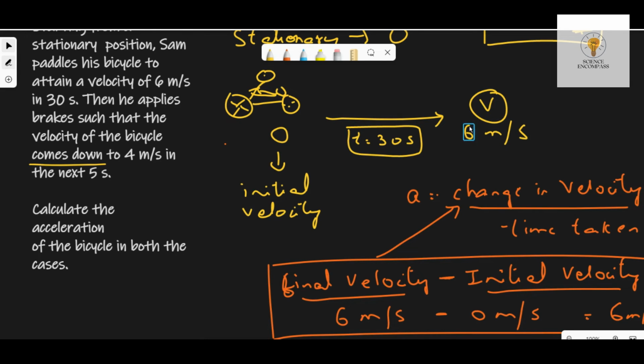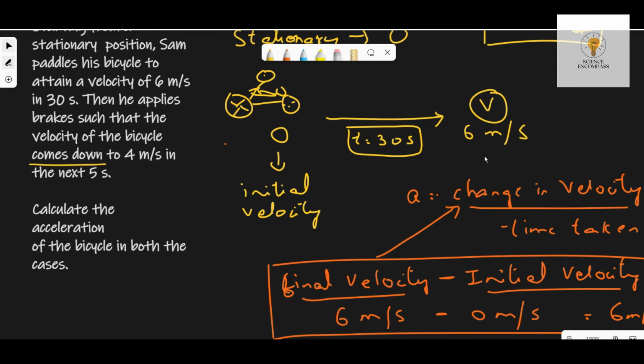But the final has now become the initial for case number 2. The final which was 6 meters per second has become the initial because he has to start off with some number. So he has to start off from that 6. So that 6 meters per second is now the initial velocity in case number 2.